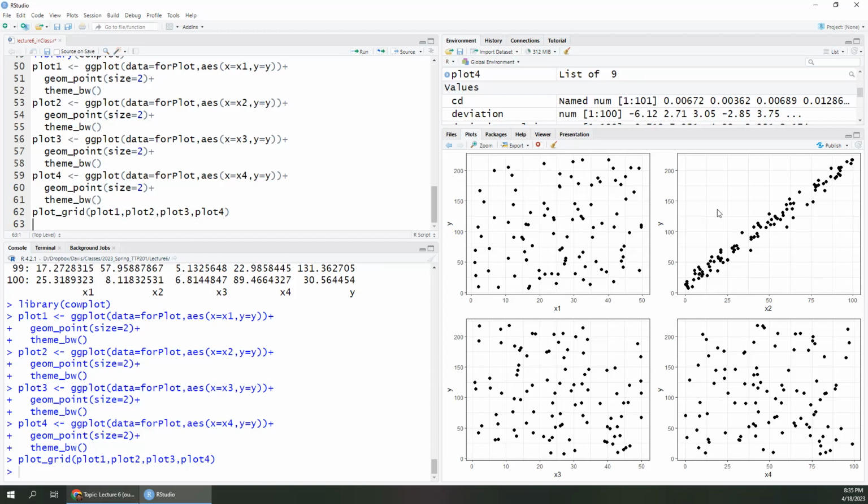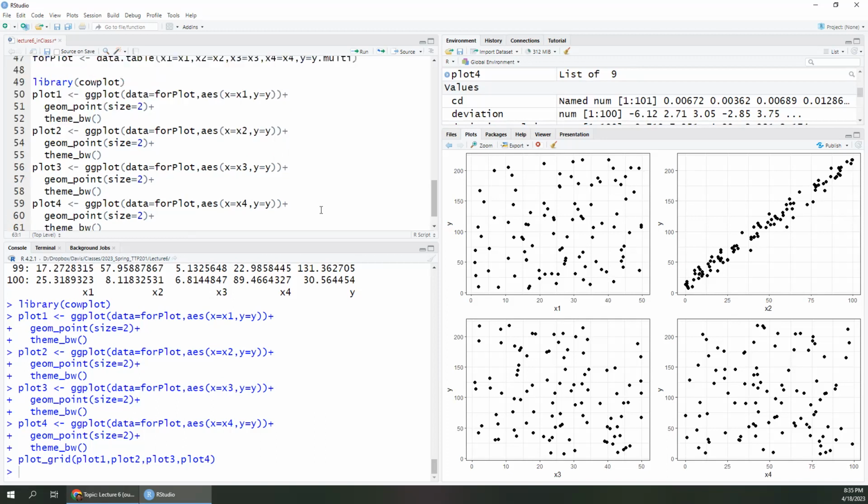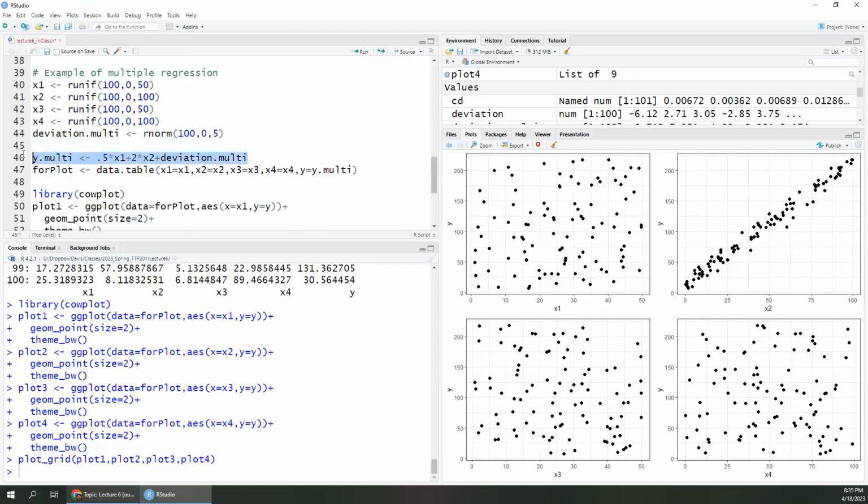So in this particular case, when I plot each of my x's against my y's, visually, I can see a really obvious trend between my x2 and my y. But in fact, we know in ground truth, because we are the ones who defined it, that y is also a function of x1. But if you were to just look at the plots here, that would be really hard to determine.